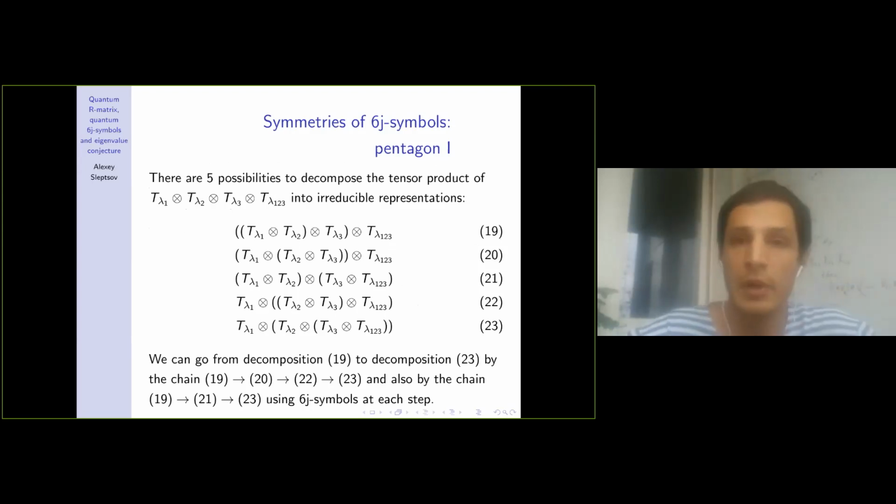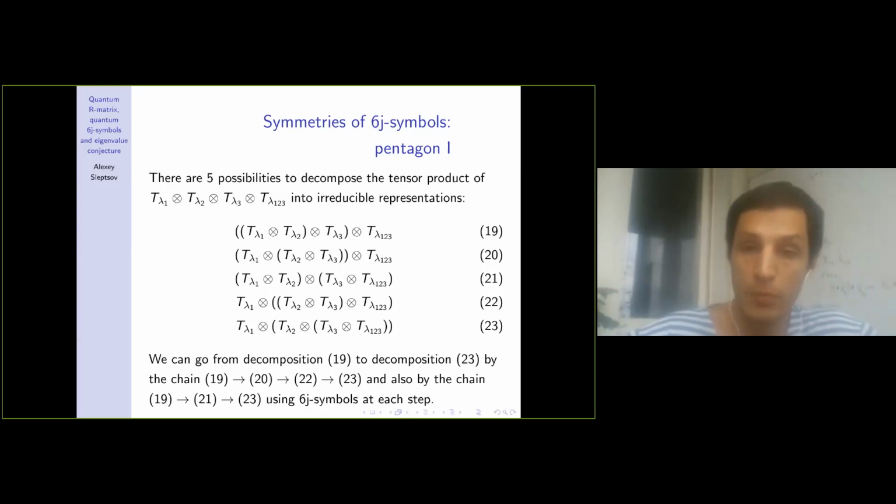The last one is the famous Pentagon identity. Let us consider the tensor product of 4 irreducible finite dimensional representations. Then there are 5 possibilities to decompose this tensor product into irreducible representations, which are given by these formulas. Then we can go from, say, decomposition 19 to decomposition 23 by the chain 19, 20, 22, and 23.